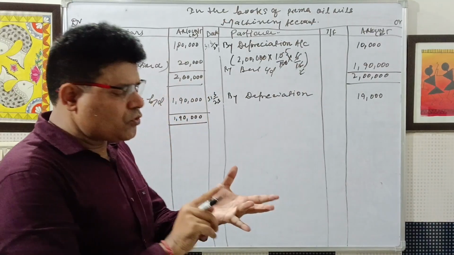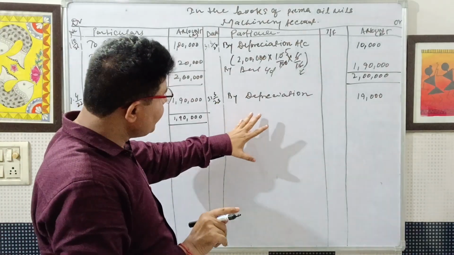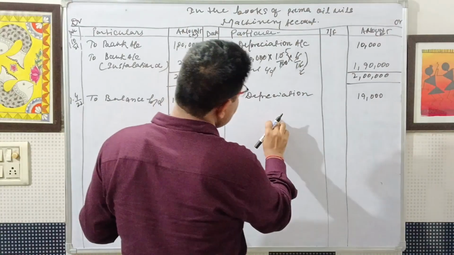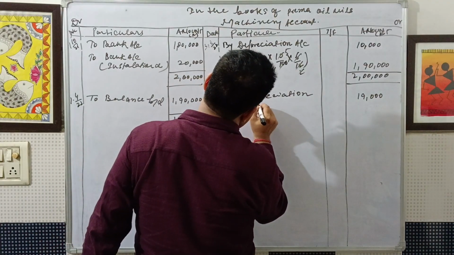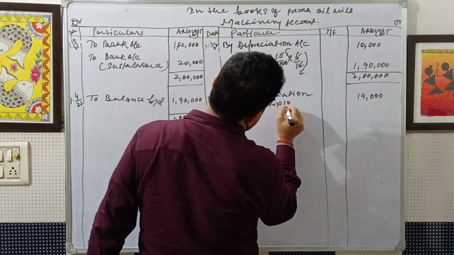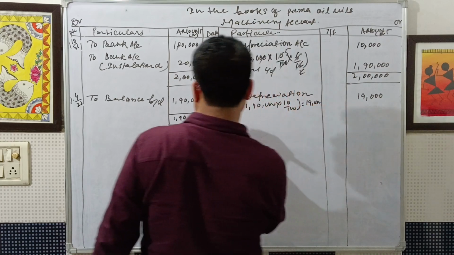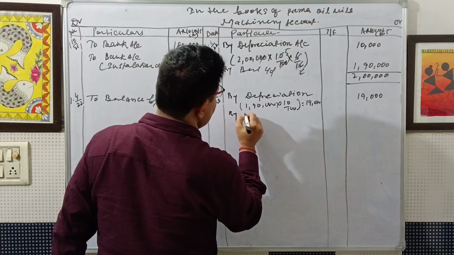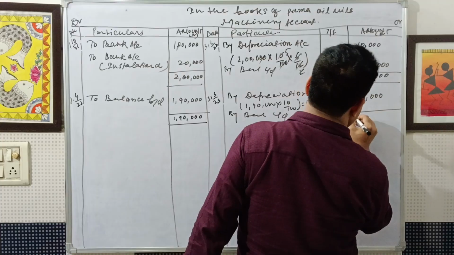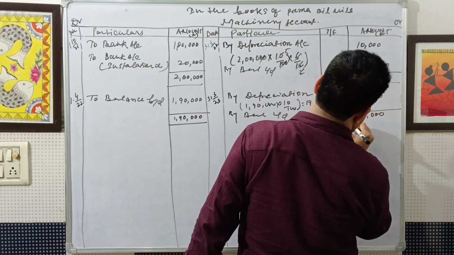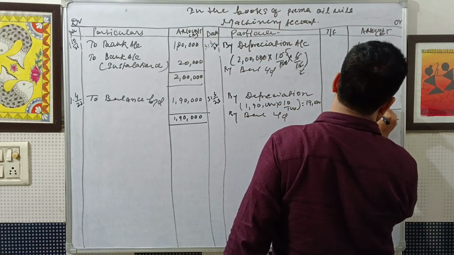So 1,90,000 into 10% for the whole year is 19,000 depreciation. Now by balance c/d, how much? 1,71,000.